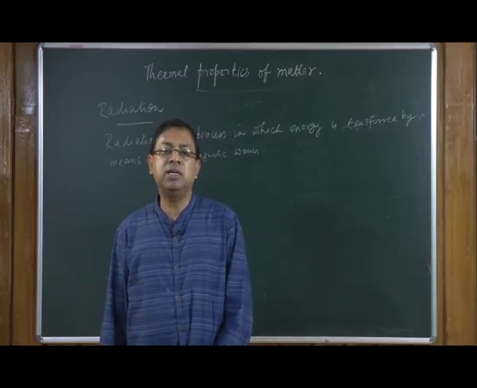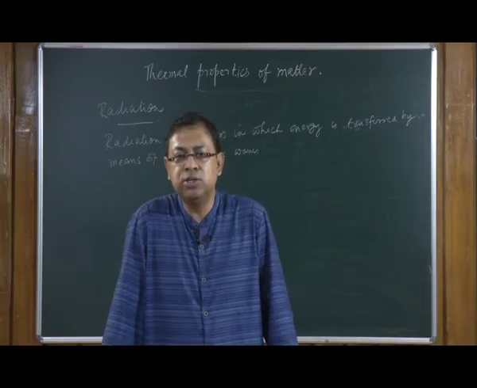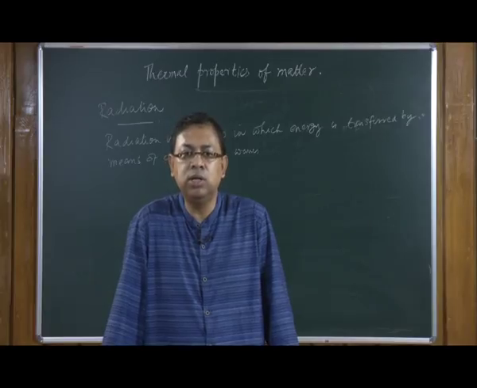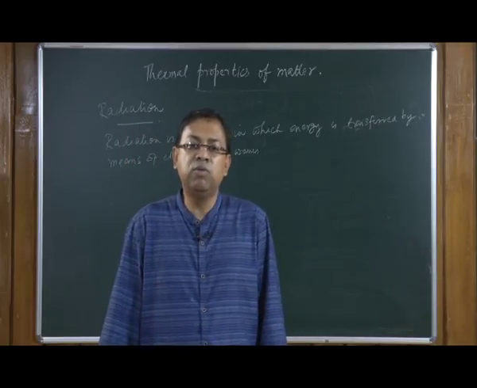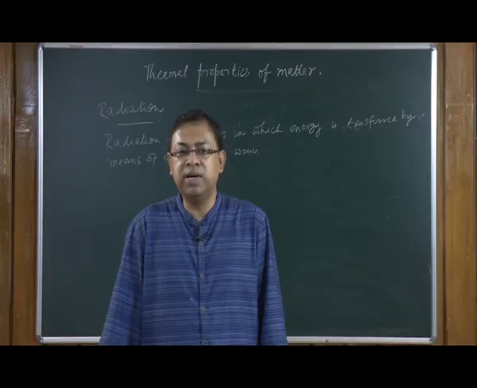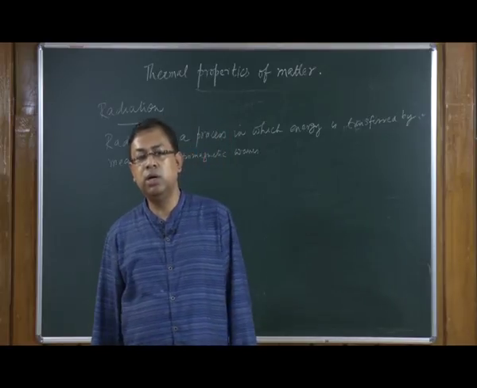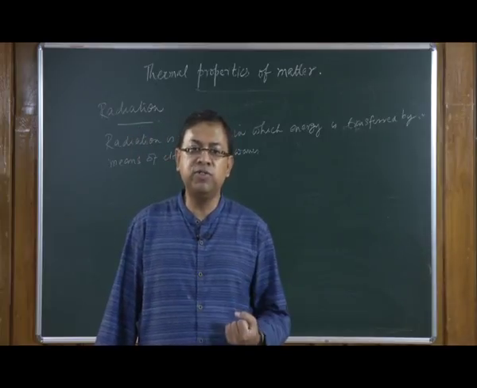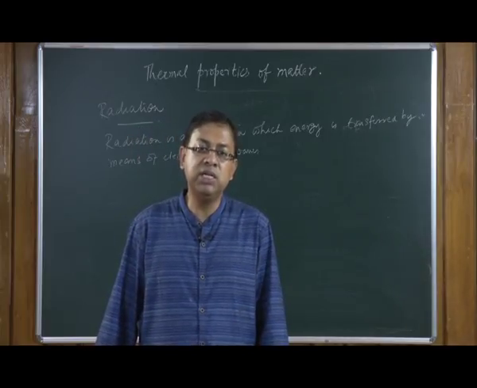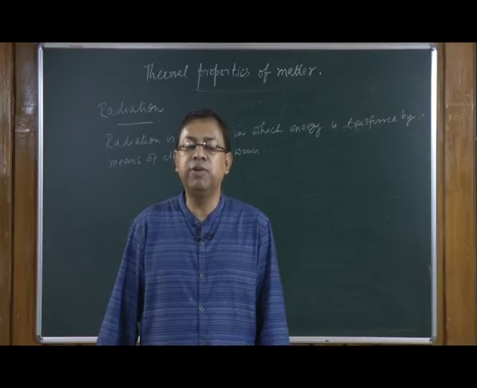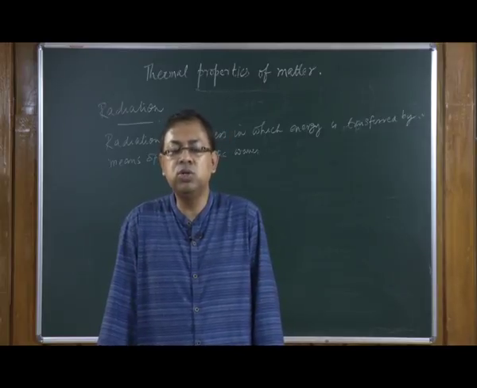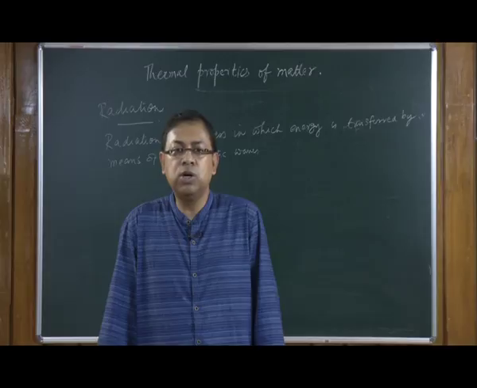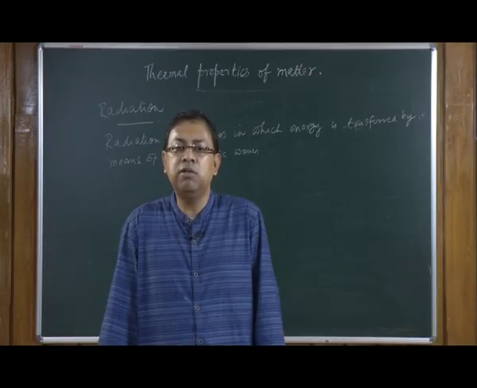This particular fact has implications for the color of the clothes that we wear in summer and winter. In summer, one would like to wear light colored dresses because they absorb very little thermal radiation or heat, and reflect most of it, while in winter we would like to wear dark colored clothes which absorb a lot of thermal radiation and reflect very little.